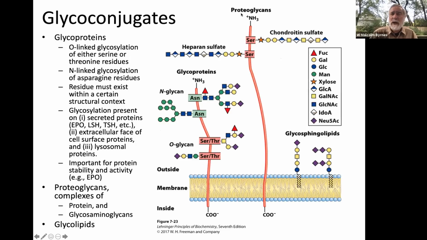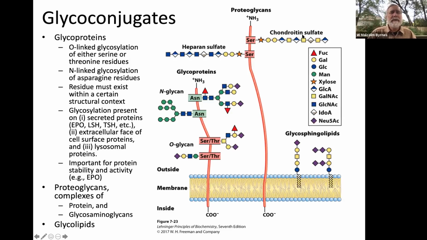Proteoglycans are one type of glycoconjugate, which also includes glycoproteins and glycolipids, including glycosphingolipids, okay? On the right in this box, you see a key, which is showing all the different kinds of sugars or modified sugars that are present in these various oligosaccharide groups or polysaccharide groups attached.